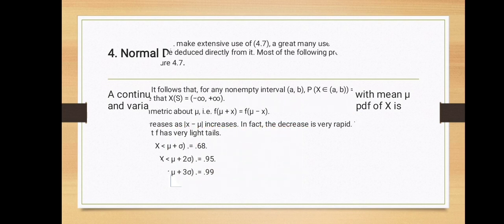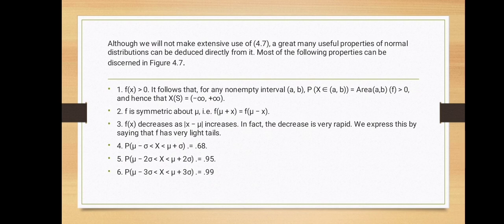And also, we will not make extensive use of figure 4.7. A great many useful properties of normal distributions can be deduced directly from it. Most of the following properties can be discussed in figure 4.7, and you can look at this on my videos.